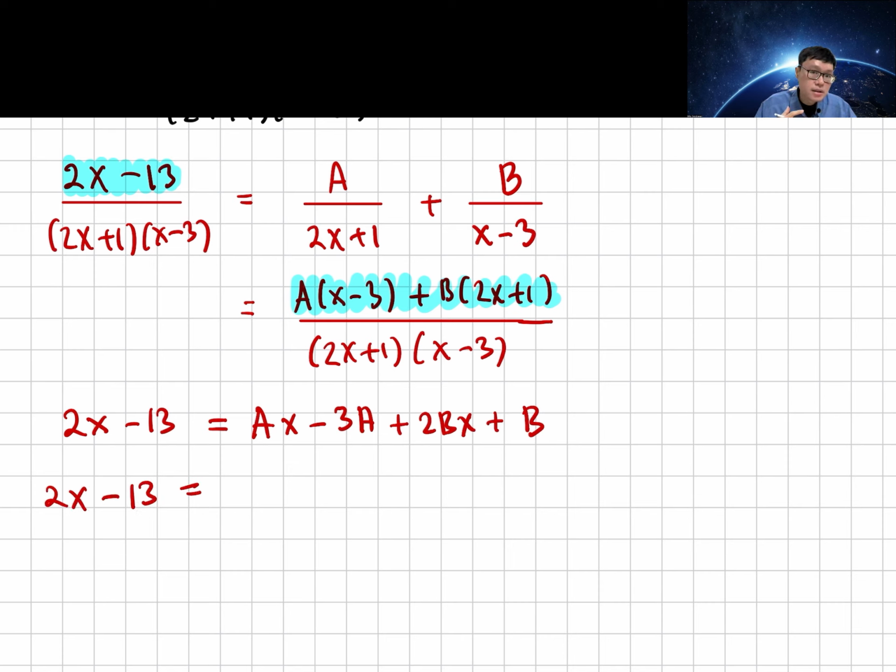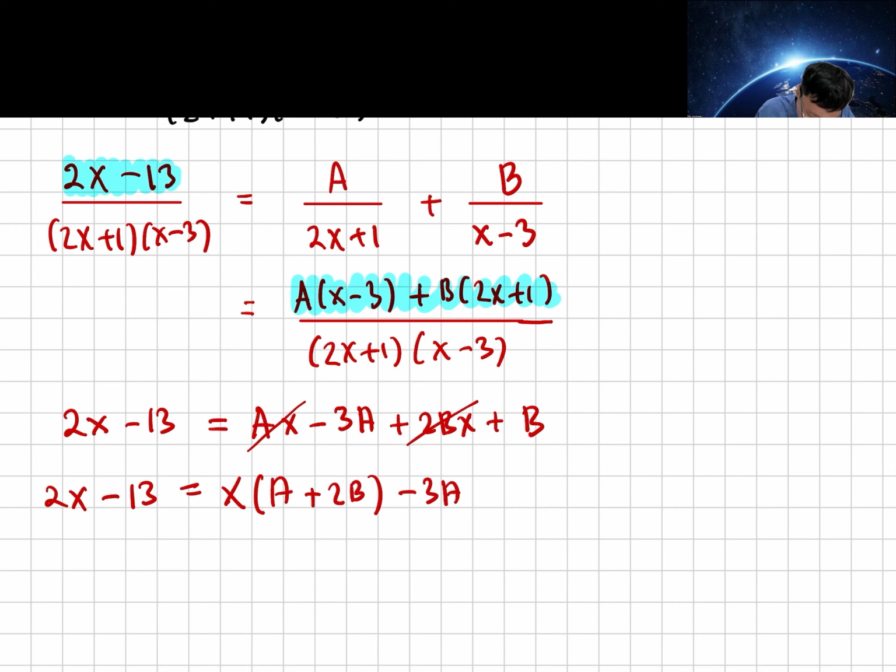Well, you can factorize the x. So let's gather the terms that have x. We have x times (A plus 2B), and then we have the constant, which is minus 3A plus B.